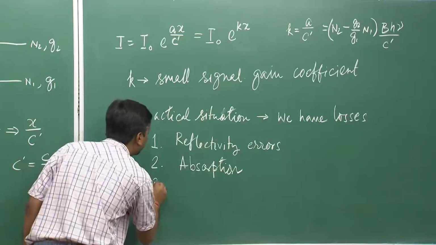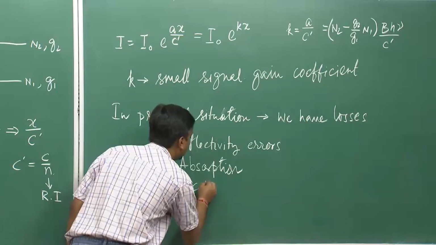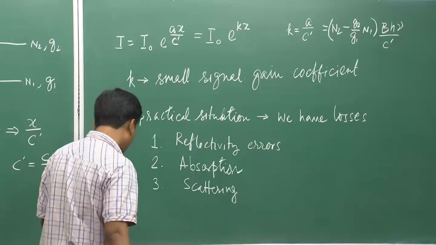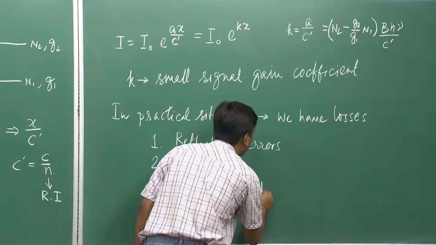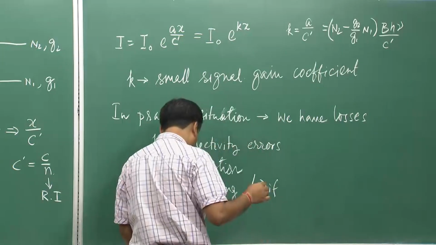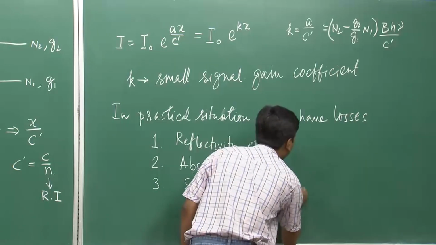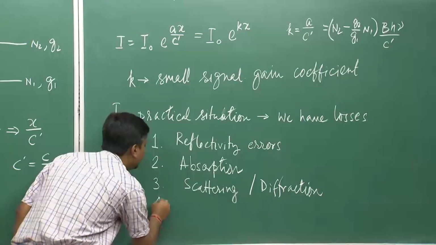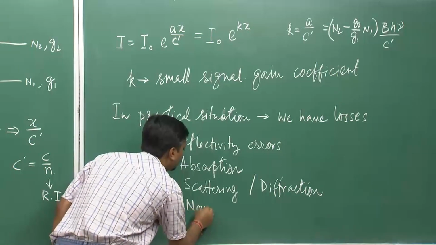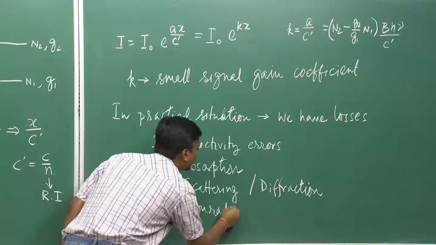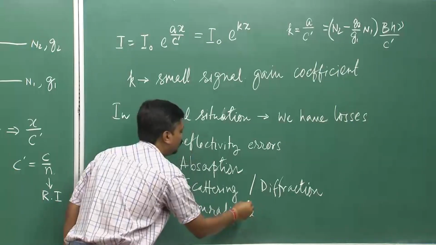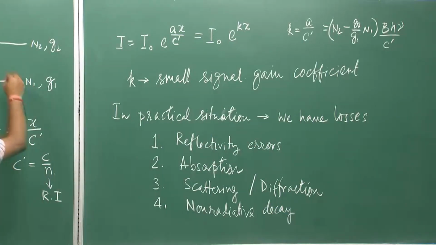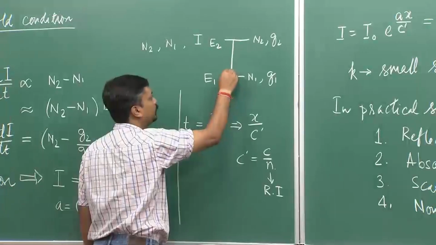There can be scattering, there can be diffraction, there can be non-radiative decays. Which means that I want lasing, I want stimulated emission from here to here.